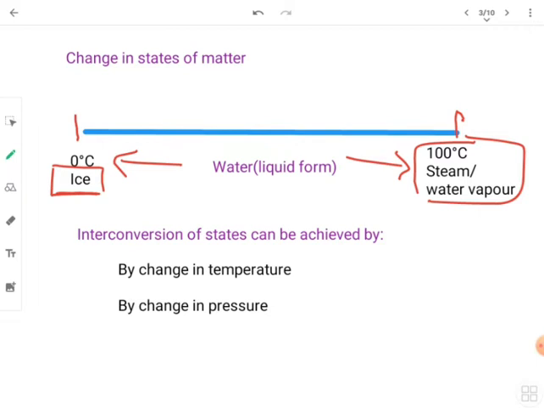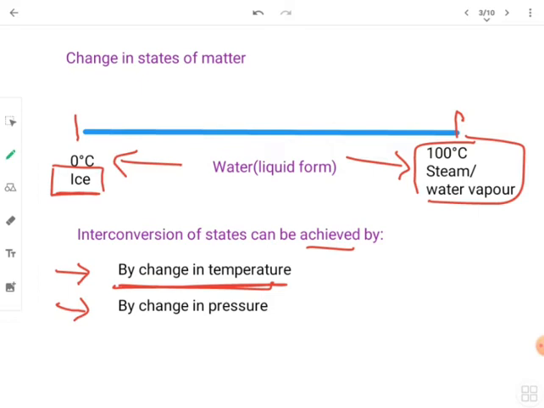Now, suppose we want to convert any of these states into each other, that can be achieved by two ways. It can be done either by the change in temperature or by the change in pressure. These are the two basic points which are involved in interconversion of states. So we'll be talking about each one of them. In this video, we will be strictly talking about the change in temperature, like how can we change the state of matter by changing the temperature.